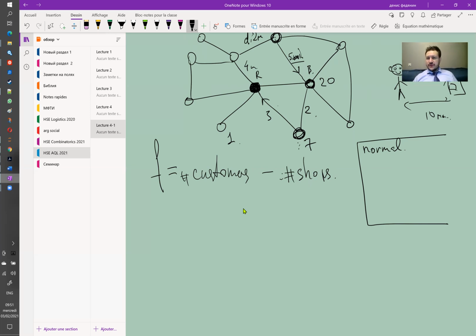What should they do if they want to place their shops in the same place? For example, if we have such a graph, it's obvious that the best solution might be to place in the center. So what should they do? There are several variants. One variant is just that they have to split their customers.